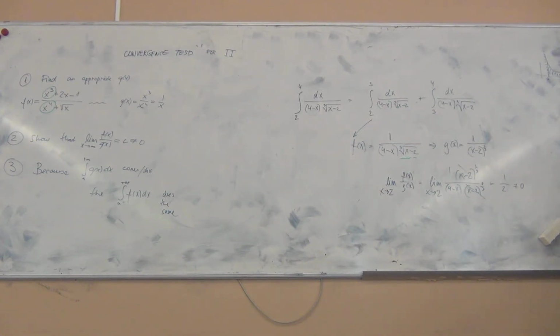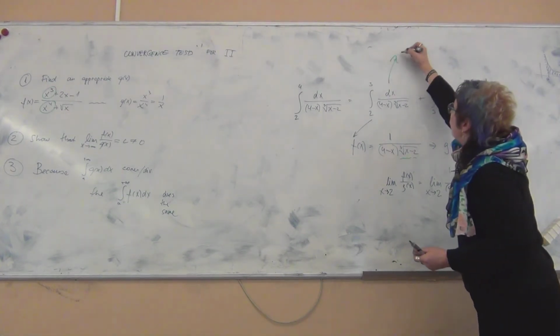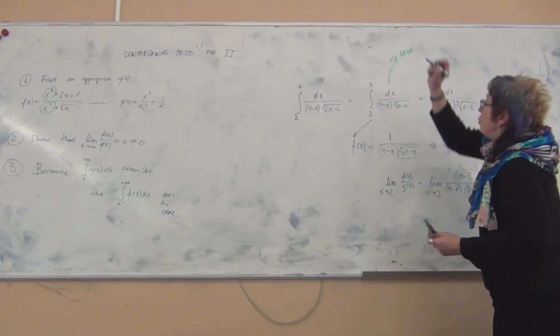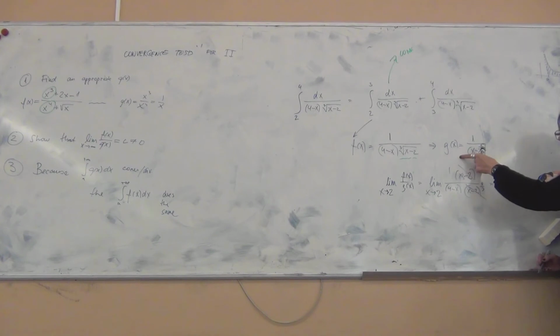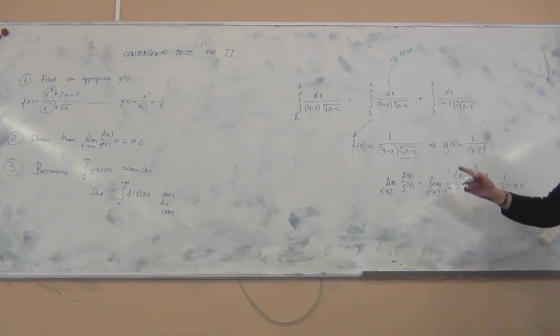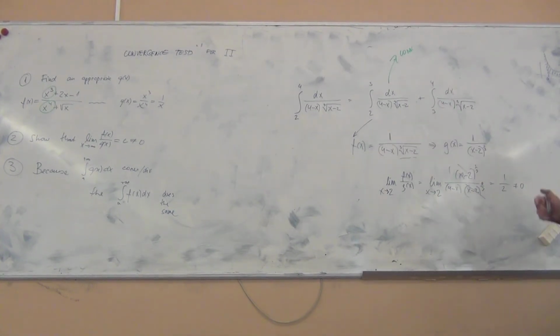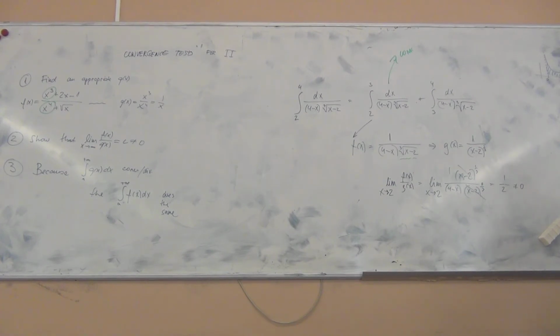So the first part will converge. We have shown that the first part converges, simply because we see that this is a constant, not a 0, therefore the integral of g converges, and by comparison test, the integral of f also converges. Now the second part.